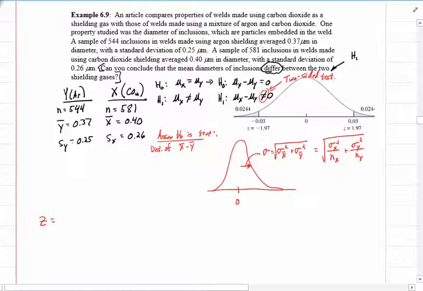Next step, we calculate a statistic. What is the difference between two means? It's that. That's the thing we're trying to get a handle on. That's the signal that we're testing, minus the hypothesized difference, which is 0, divided by the noise, which is right here.